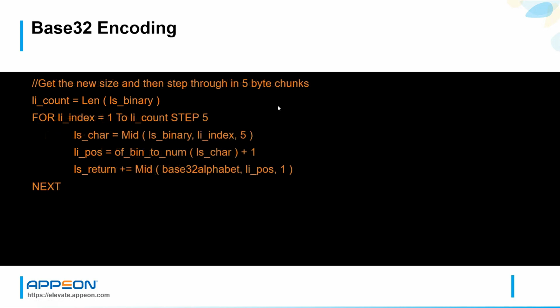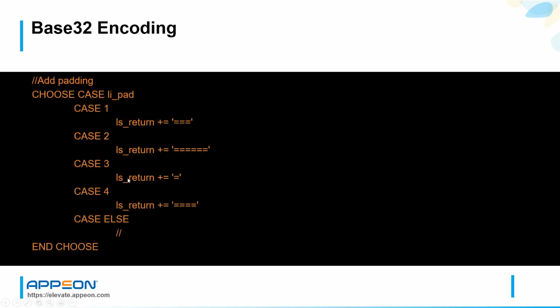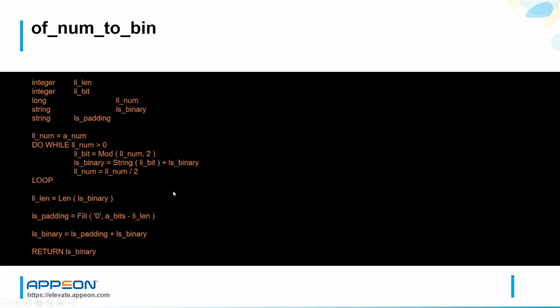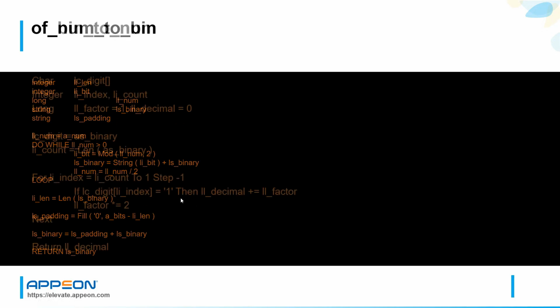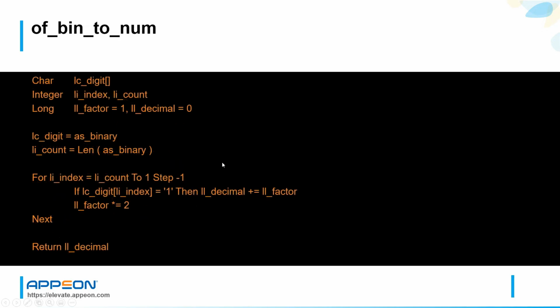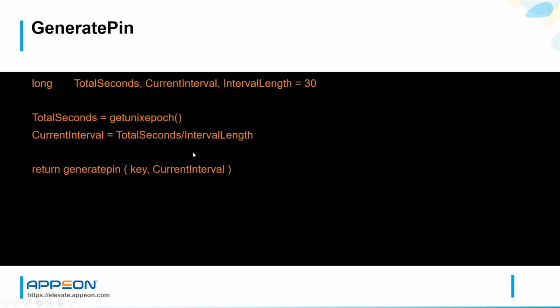That tells me how many characters I have to pad onto the end. So a little complex, but it works. You can just go ahead and use it. Here's the num to bin, which I just borrowed from PFC, and also bin to num, which I borrowed from PFC. So that's how you base 32 encode the secret key to embed in the QR code.